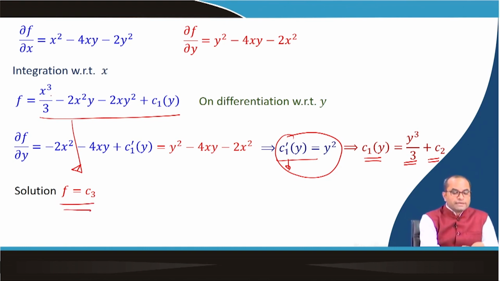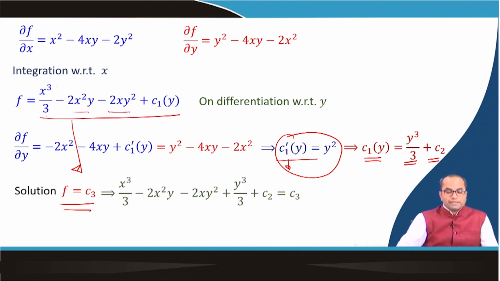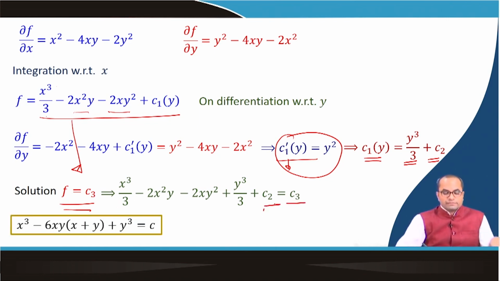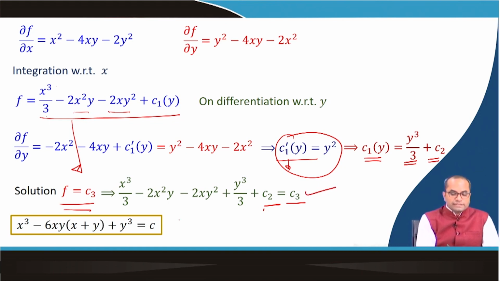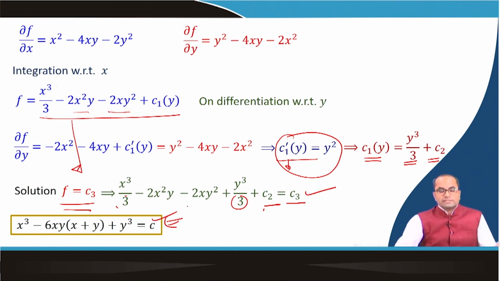And what is f now? x³/3 minus 2x²y minus 2xy² plus y³/3 with this c2, and this c2 and c3 will merge and we can write another c there. Indeed, we have multiplied here by 3. So, this 3 and this 3 can be removed, and we have this solution x³ - 6x²y - 6xy² + y³ = c.